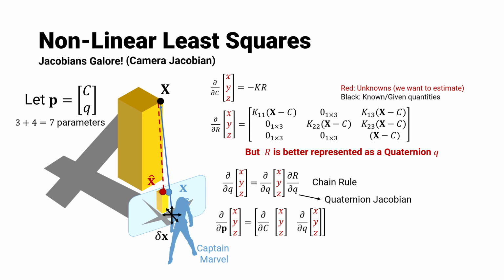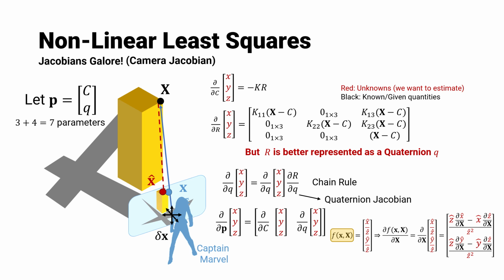So when we try to get the partial of the reprojection point with respect to the pose, this is what it's going to look like. Right? So it's going to be split between the translation and the rotation part. Remember that the Jacobian for the reprojection was basically obtained through the chain rule of fractions, and we have done that before.